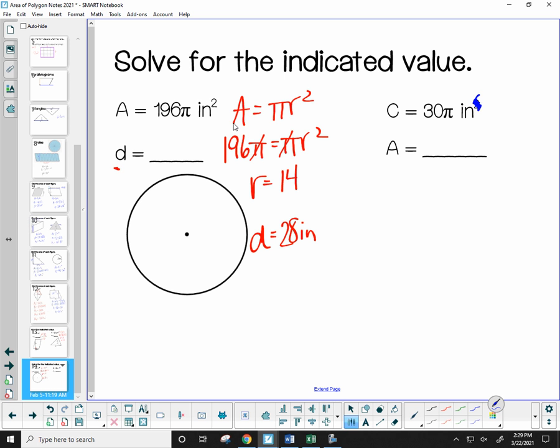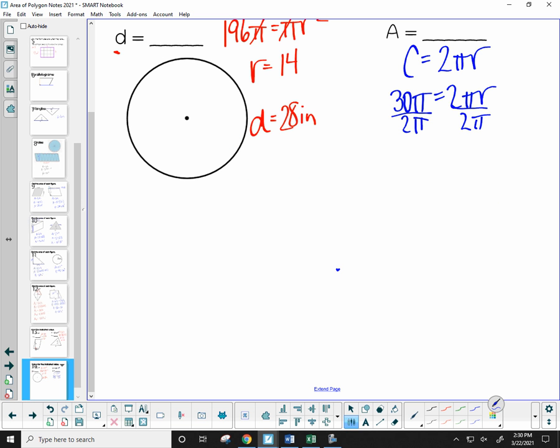Okay, last one then. I'm telling you the circumference is 30 pi inches. So circumference is 2 pi r. So 30 pi is equal to 2 pi r. I can divide by 2 pi. If I divide by 2 pi, I'm left with my radius on the right side. Pi divided by pi is 1. 30 divided by 2 is 15.